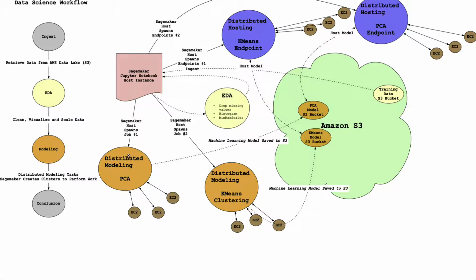And so you could do a distributed training using, let's say, principal component analysis to limit the amount of features you're dealing with. And then that itself could, again, provision 3 nodes or 10 nodes or 20 nodes. And then when it's done, it writes the data back to the S3 bucket. And so now that initial model is stored in here.